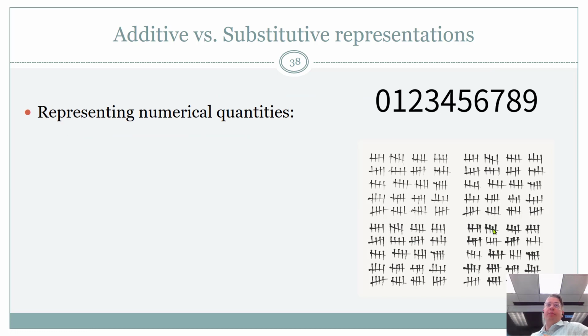We switch back and forth between these sorts of representations frequently, but there's an interesting parallel. What I'm pointing at right here are Arabic numerals, which are well ingrained in our heads to represent quantities, but these symbols are qualitatively different. I don't want to confuse people too much here.